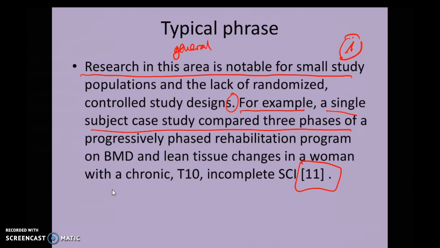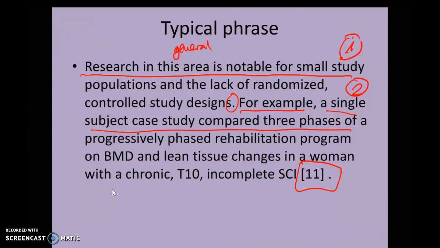Okay, and then followed up by a for example, and then the second strategy, rather than saying the names of the authors, it just names the type of study, a single subject case study compared. That is sometimes more useful information for the reader than saying the author's name like Anderson and Smith, because knowing that this was a single subject case study that did something in this context gives me an idea of how valid and reliable that outcome might be.